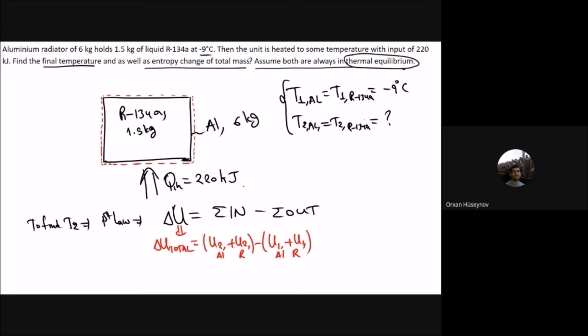For outlet properties we don't have any, because this is a closed system, and we don't have inlet except the Q. So Q is 220 kilojoules.